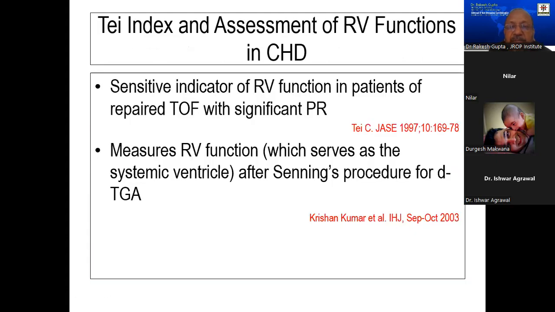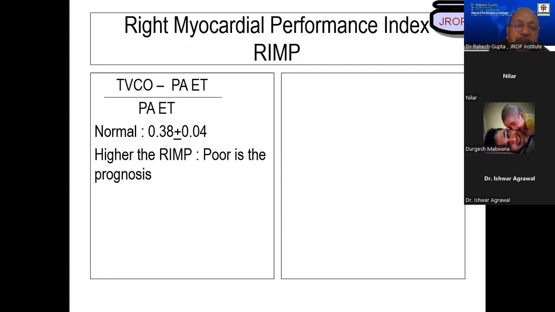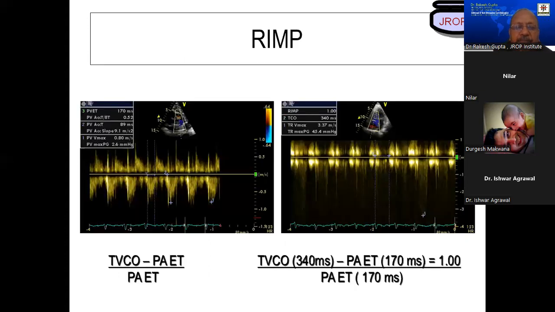And this right-sided performance index is very, very important to assess the future prognosis of a patient suffering from chronic obstructive lung disease. Normal is known as 0.38 plus minus 0.04. I remember 0.42 as normal to look at this. Anything more than that is considered a poor right-sided myocardial performance index.